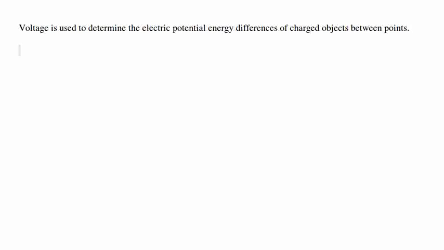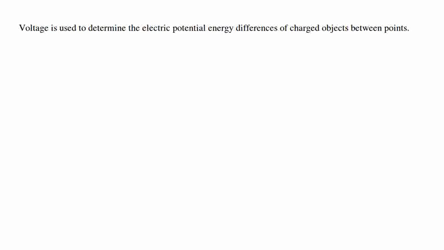As charged objects move along electric circuits, you might wonder how their electric potential energy is changing. Voltage differences between 2 points can be used to determine electric potential energy differences.